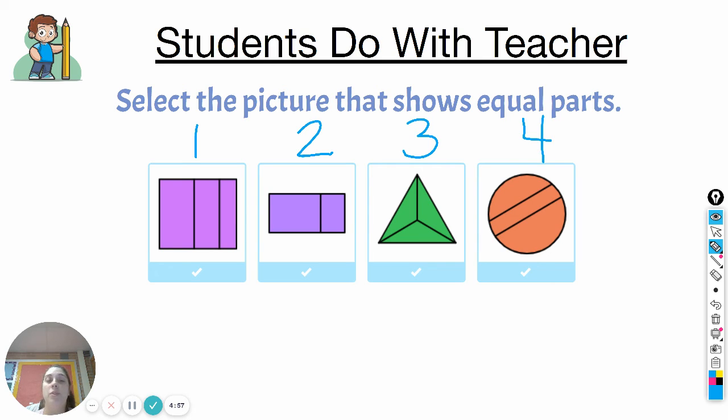Don't hold it up yet, just be thinking in your head. Okay, go ahead and hold up your fingers showing me which number you think has equal parts.